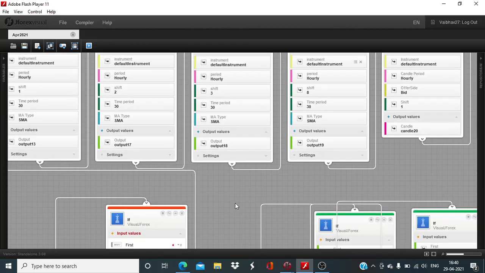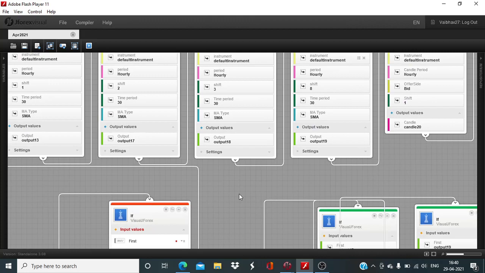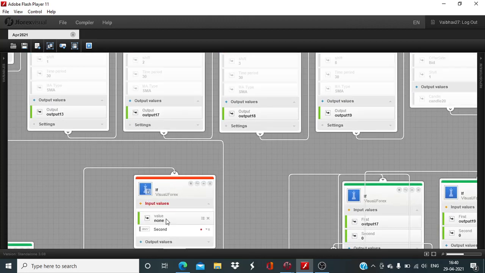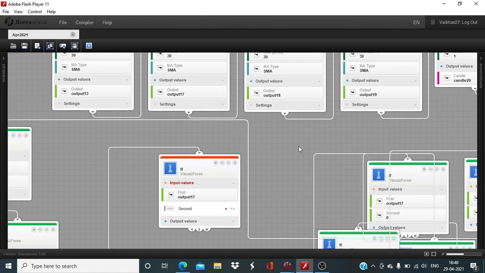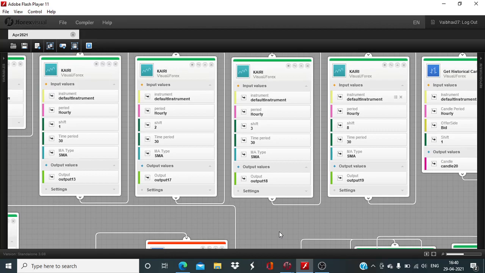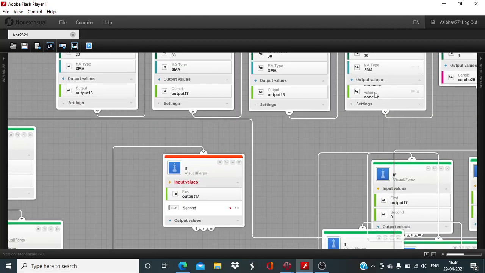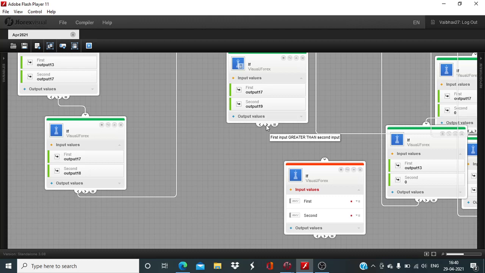And output 17 needs to be greater than output 19. So that will mean that the higher low is being formed on the plotting of Kairi. This should be first input greater than second input.